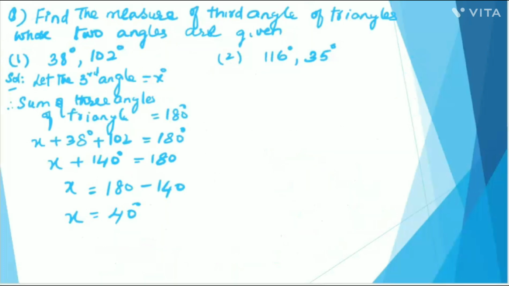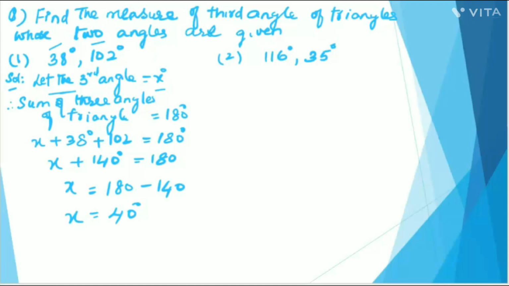The next question is, find the measure of the third angle of a triangle whose two angles are given. Here two angles are given as 38 and 102 degrees. Let the third angle be x degrees. We will use the sum of three angles in a triangle is equal to 180 degrees.